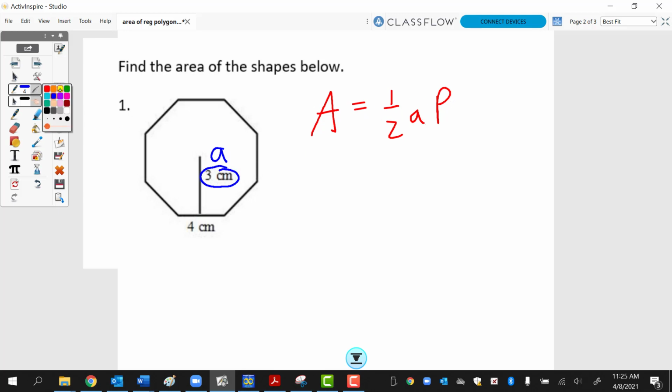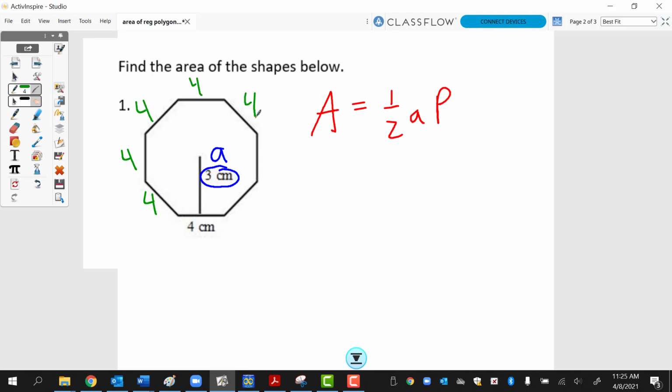For my P, my perimeter, we got to do something. So I got to add all the sides together for my perimeter. Now this shape, one of the sides is 4. We know this is a regular polygon, so if this side's 4, that means all the sides are 4.